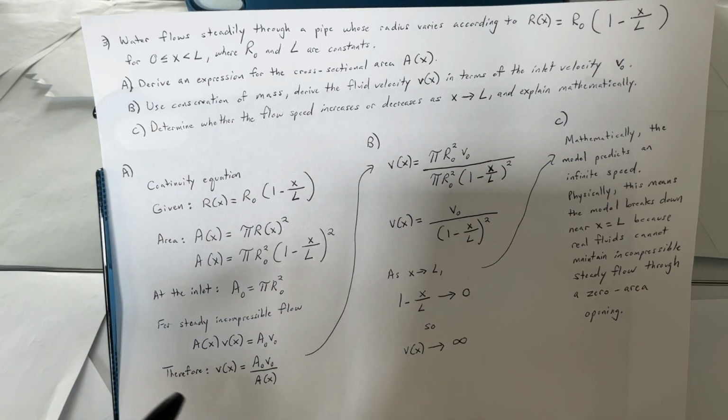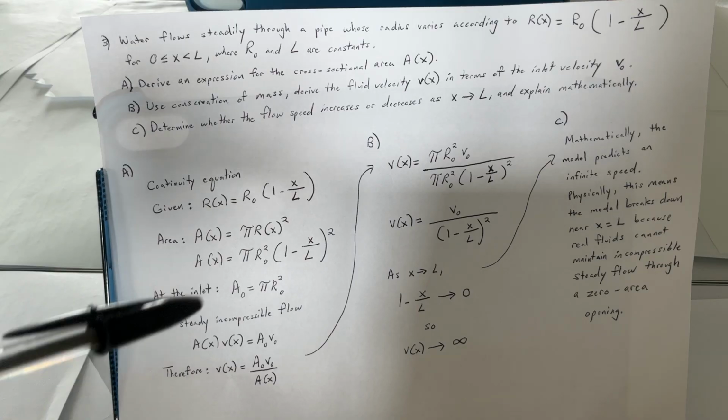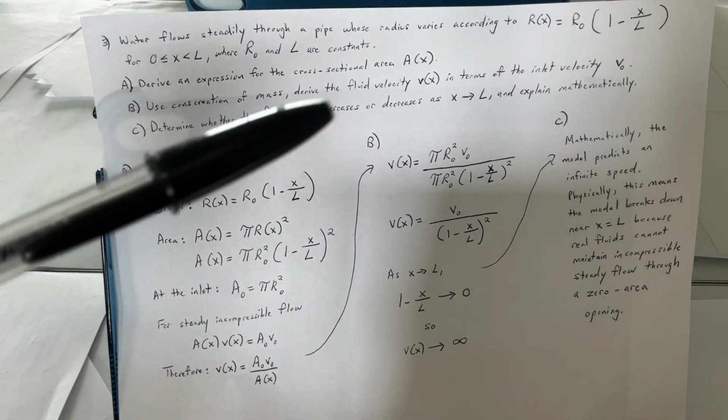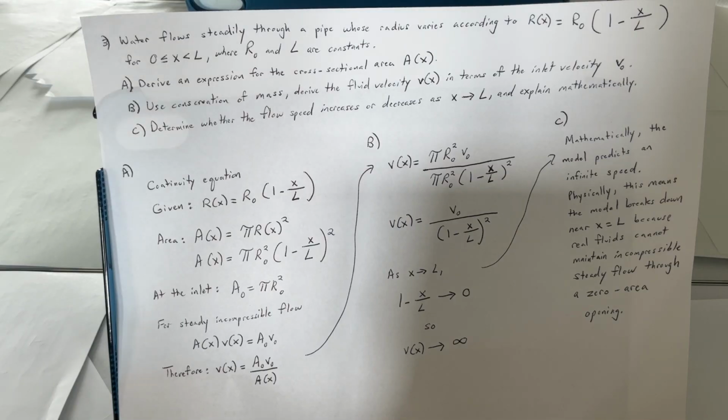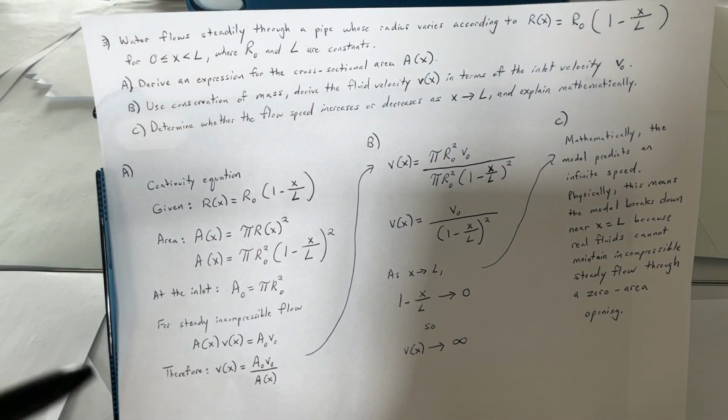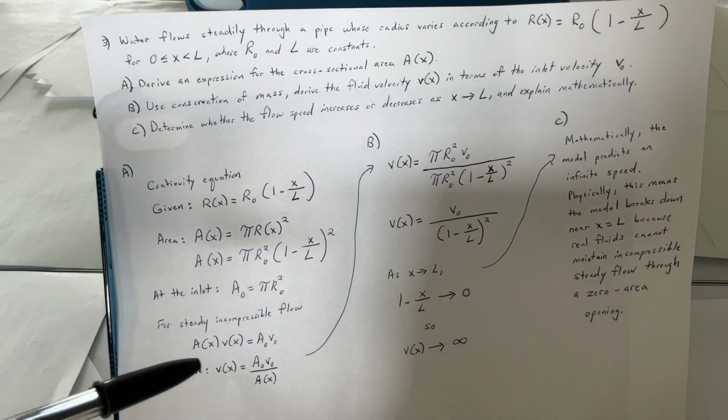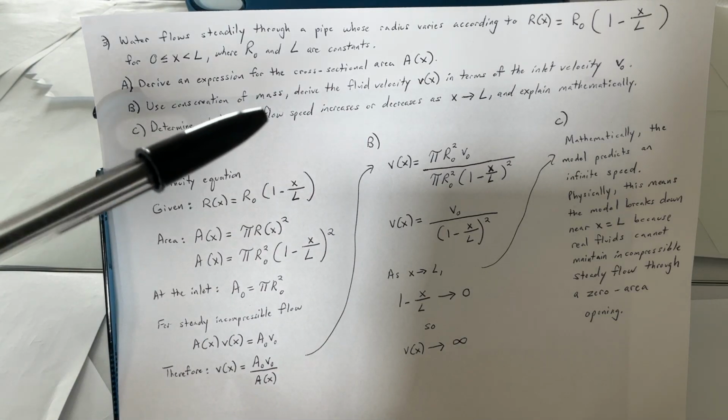So if we isolate V of x here, we get A naught times V naught over A of x. Okay? So that's technically the cross-sectional area. If you isolate your A of x in any way, shape, or form, we could just use algebra to do that.